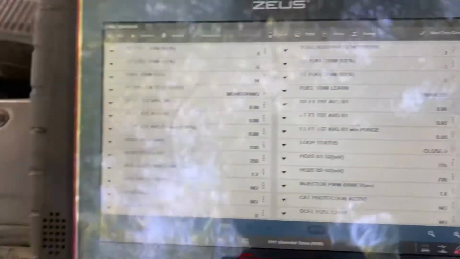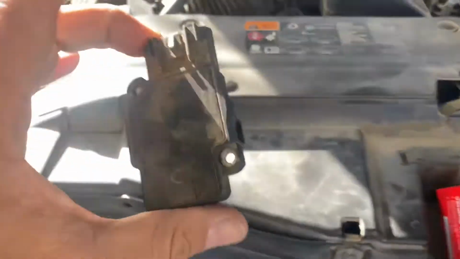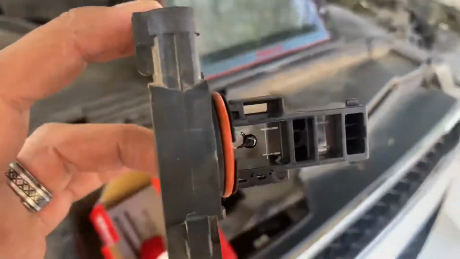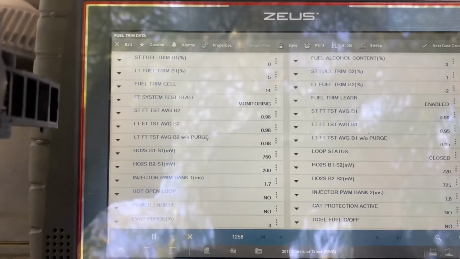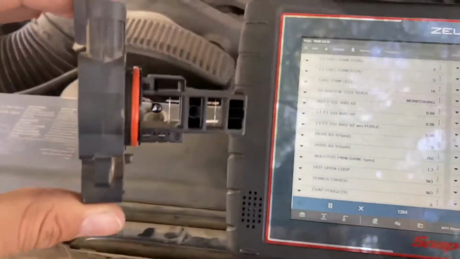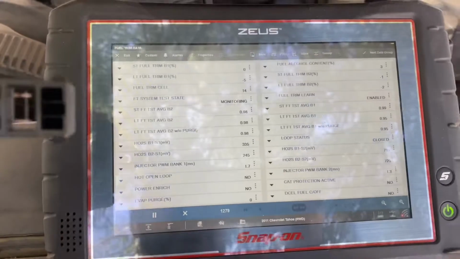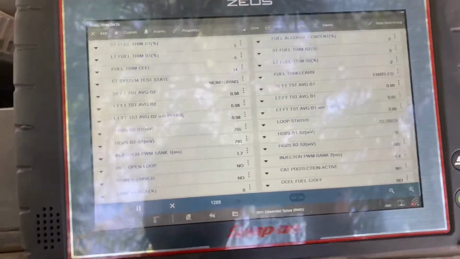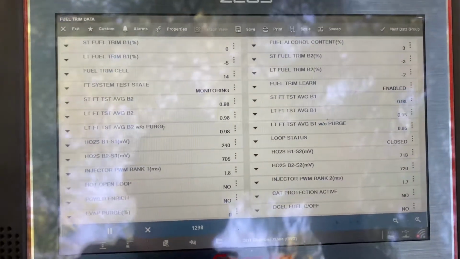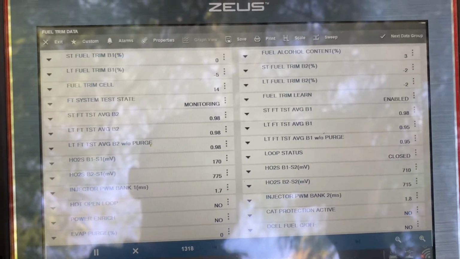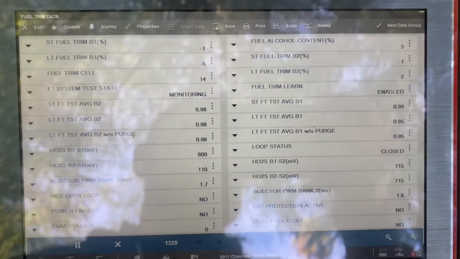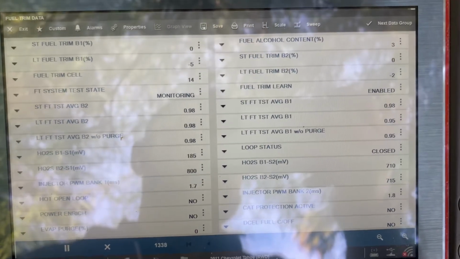And if you notice, with the old sensor, my fuel trims were on the verge of being rich. So this would have faulted out later on in the future and thrown a check engine light for rich trims, but now it's working properly how it should.